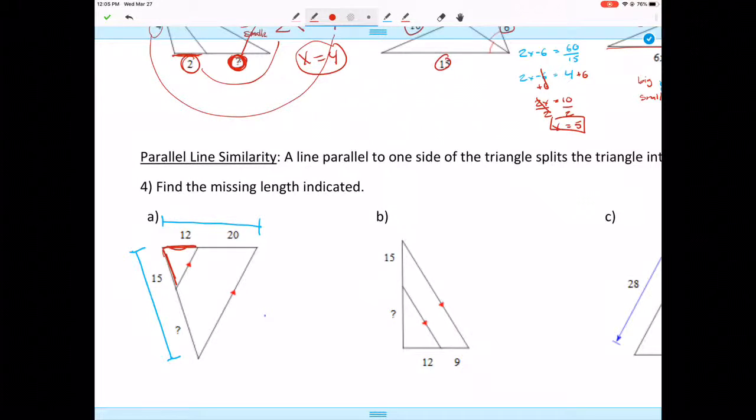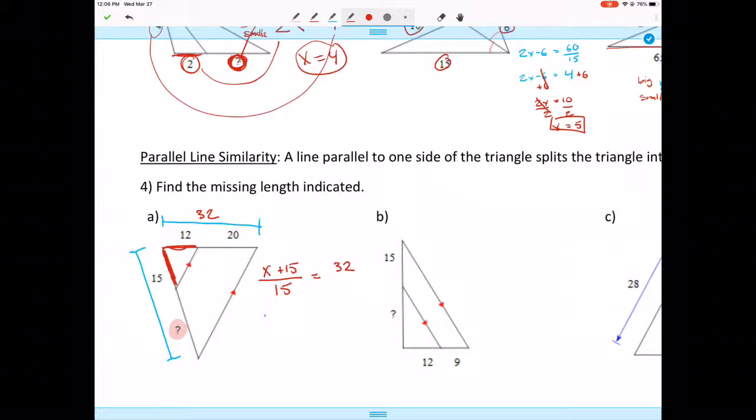Let's say we're looking for this question mark. We would want to have the question mark, which will be x plus 15, that is the long side of the triangle, divided by 15, which is the corresponding side, should be equal to the whole triangle here, which would be 32.